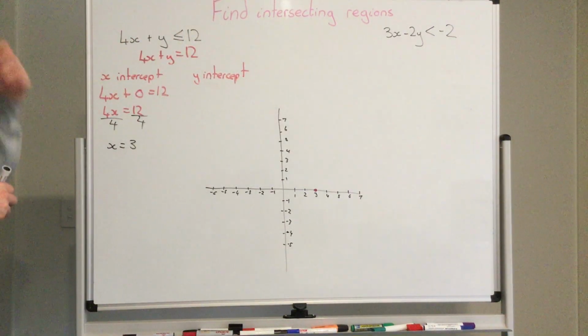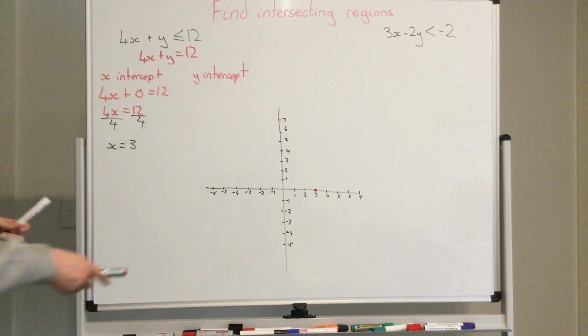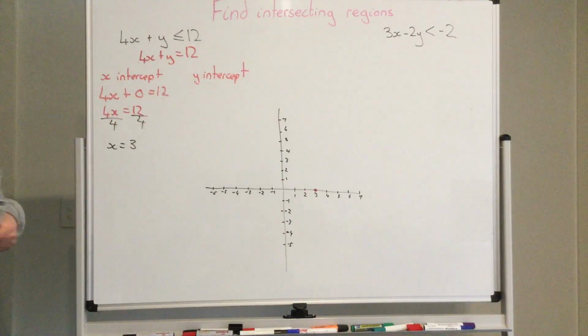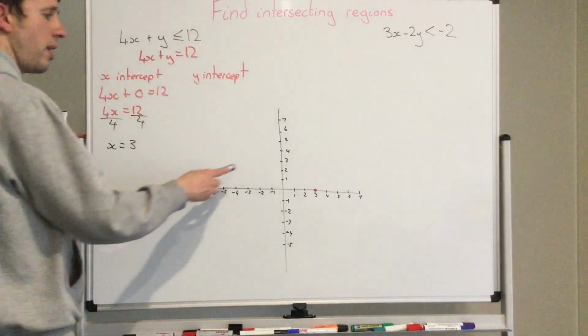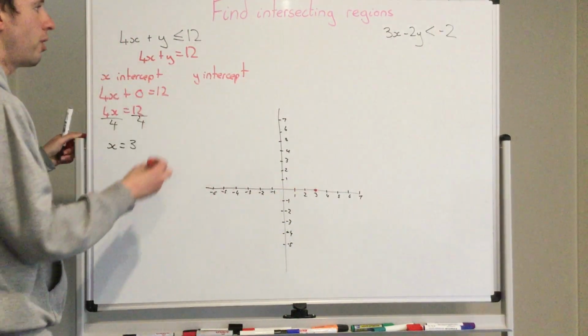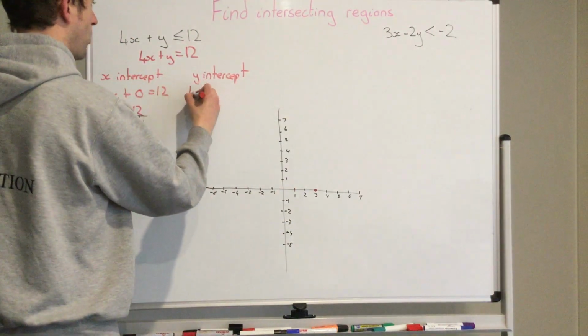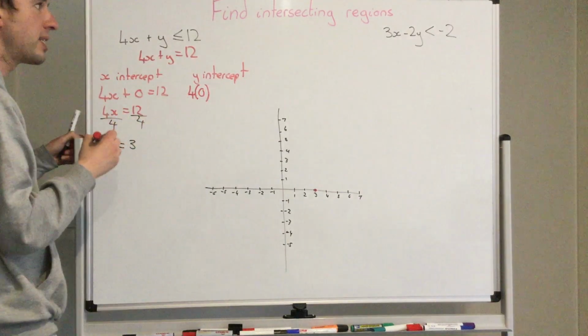The next thing I'm going to do is think about my y-intercept. For my y-intercept, I need to have x at 0. So I'm going to write my equation out and put x as 0.